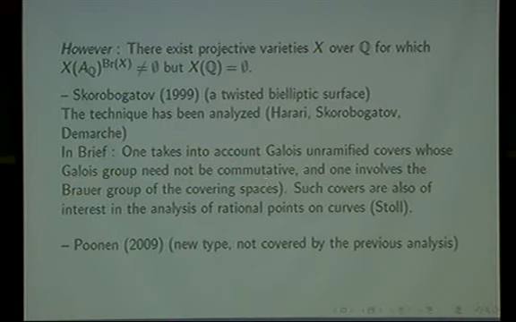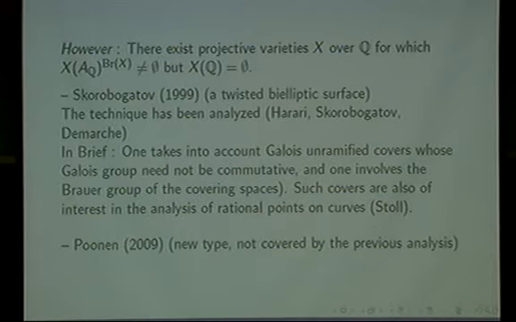So the obstruction coming from the Brauer group, you can reinterpret it in terms of covers of X which are homogeneous spaces under some commutative groups. And so there was a shift to torsors, as one says, under non-commutative groups. So this was the interpretation of Skorobogatov's example. Okay? And they're also interested in the analysis of rational points on curves, as Stoll has shown.